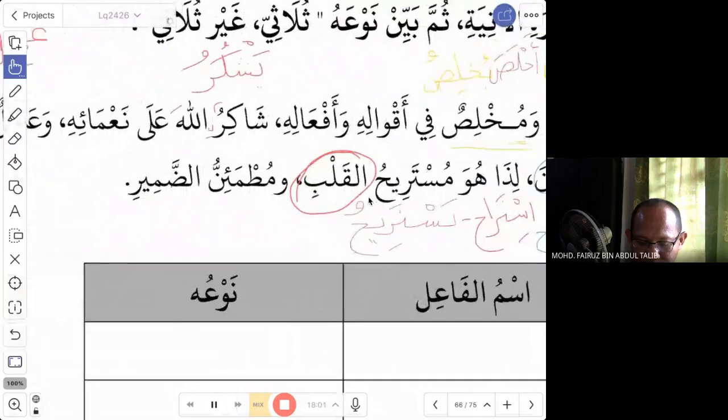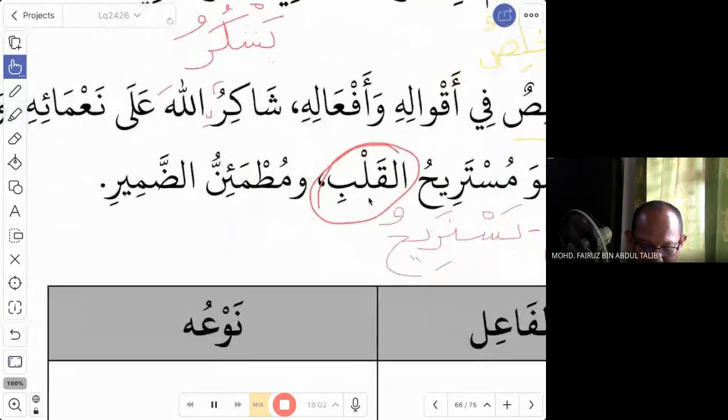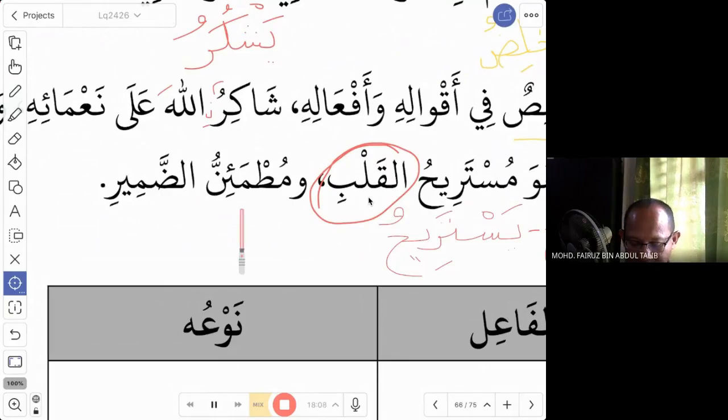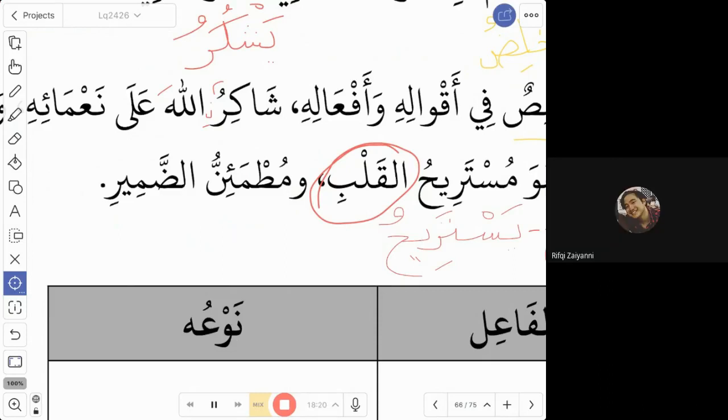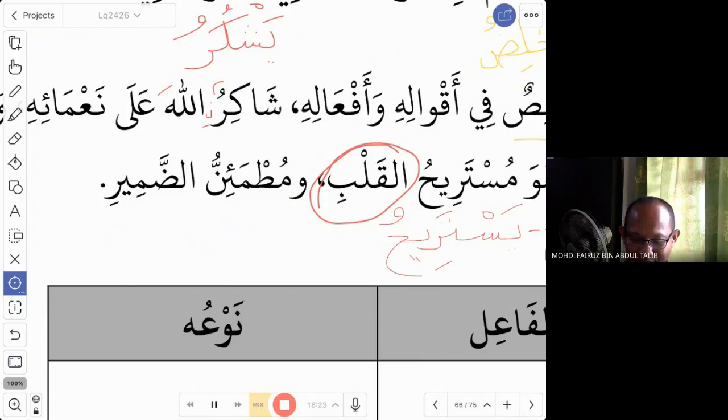And the last jumlah, mutma'innud damir. What do you think? Is this an isim fa'il? You see mu.